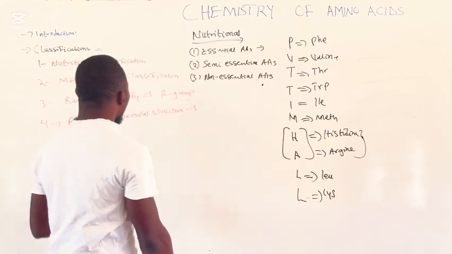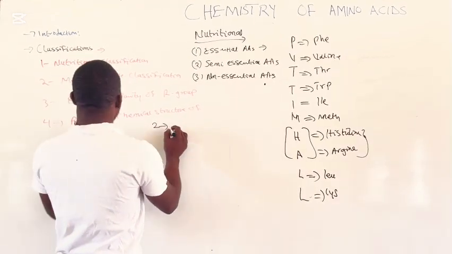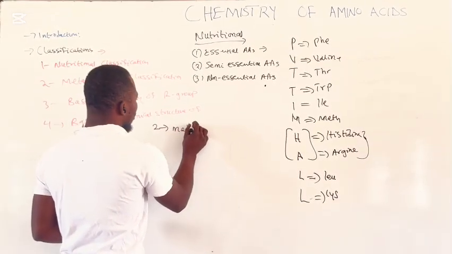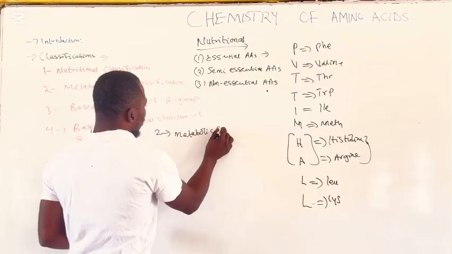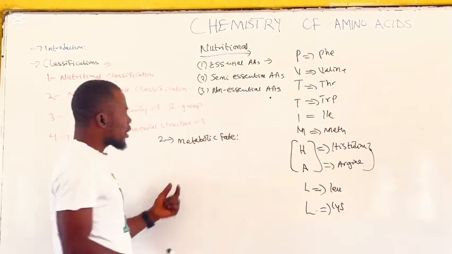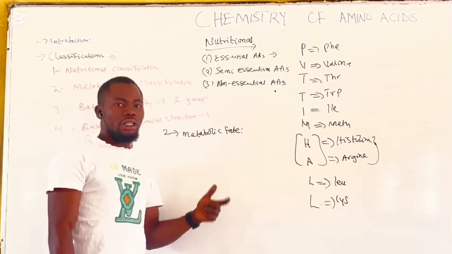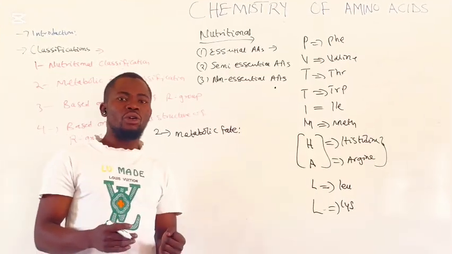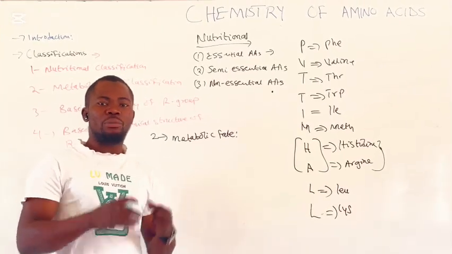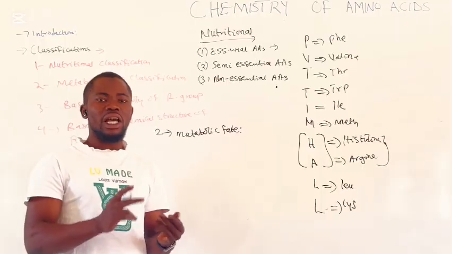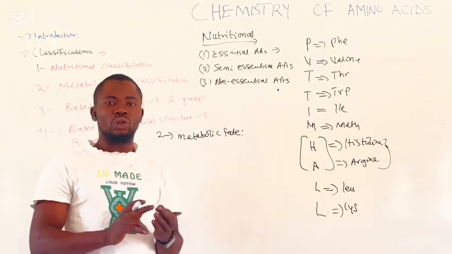Another classification is classification based on metabolic phase. Here, the carbon skeleton of the amino acid can serve as a precursor for the synthesis of either ketone, glucose, or both ketone and glucose.